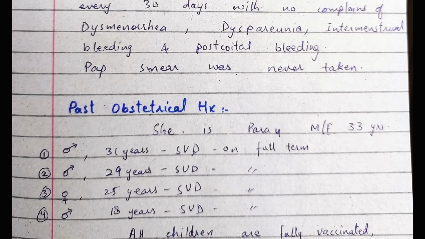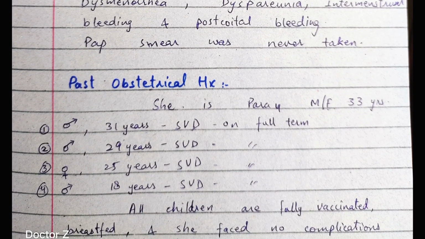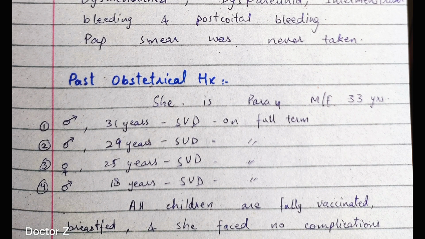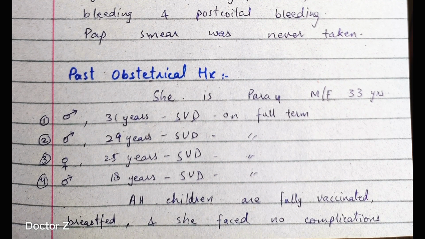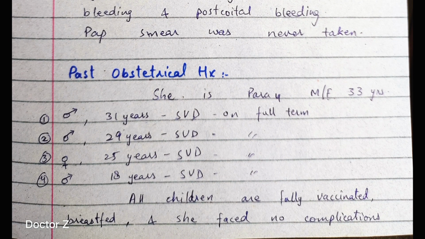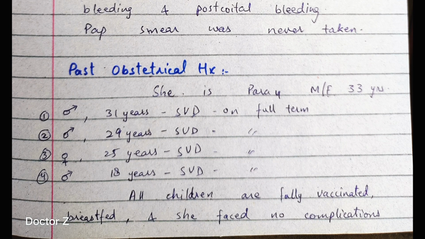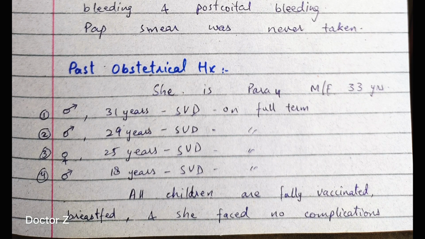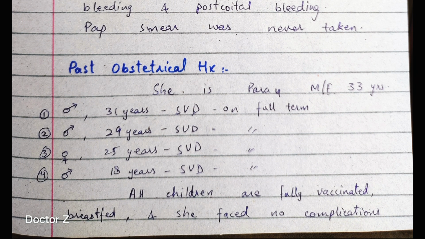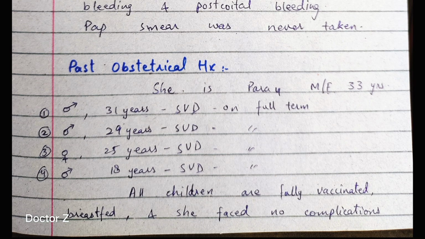Past obstetrical history. She is para 4, married for 33 years. First child was male, 31 years, delivered through spontaneous vaginal delivery at full term. Second child was also male, 29 years old, delivered through spontaneous vaginal delivery at full term.